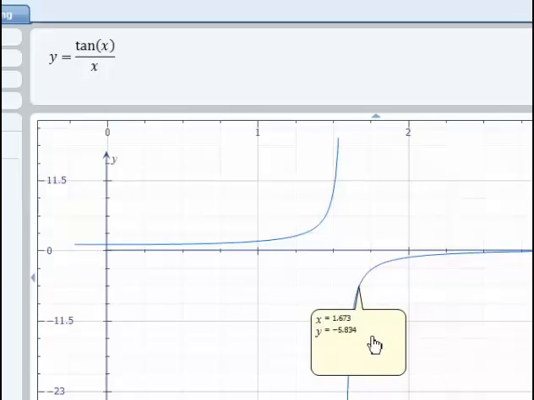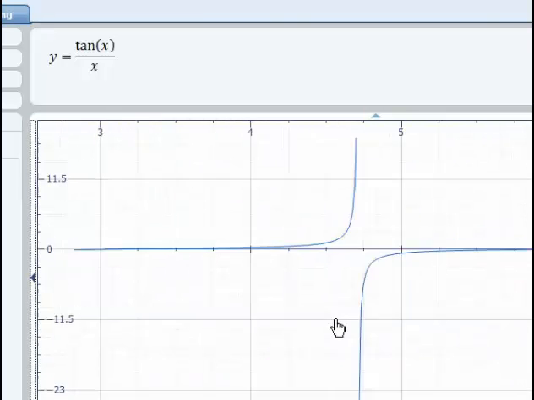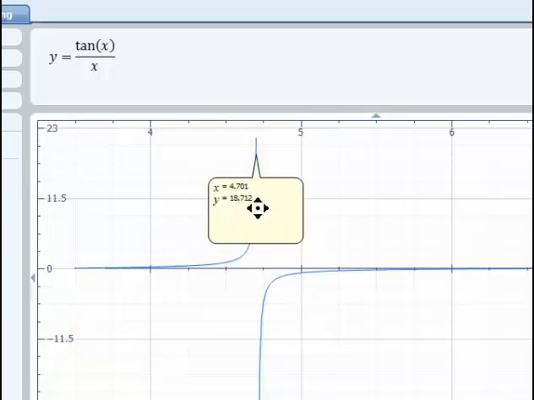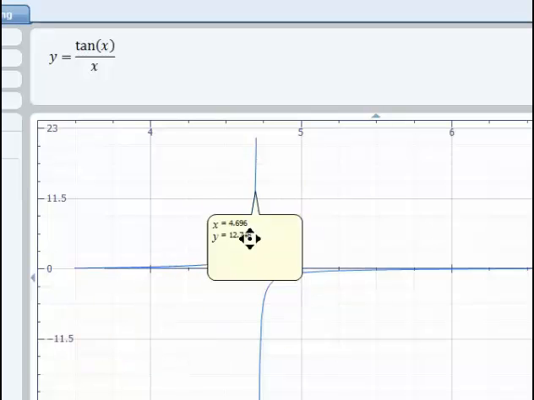So pi divided by 2 is 1.57. So I'm pretty safe in saying that we have an asymptote at pi over 2. Then I'm going to keep going down the way here and see what happens. If I'm tracing this, it looks like I've added 3.14.